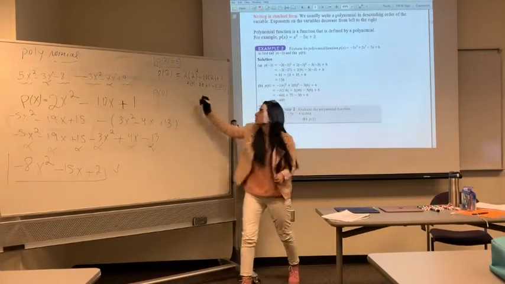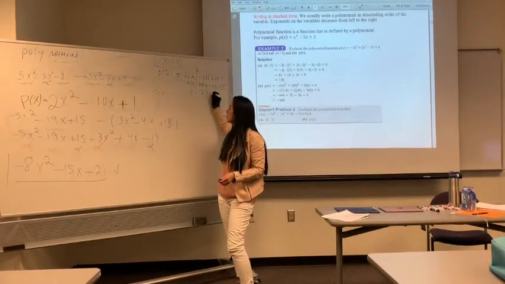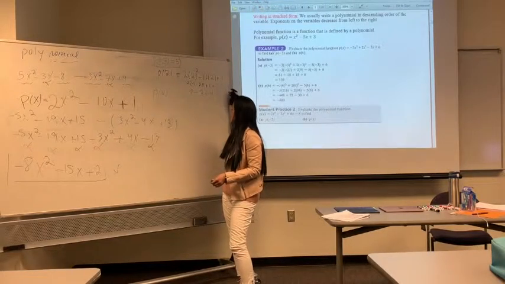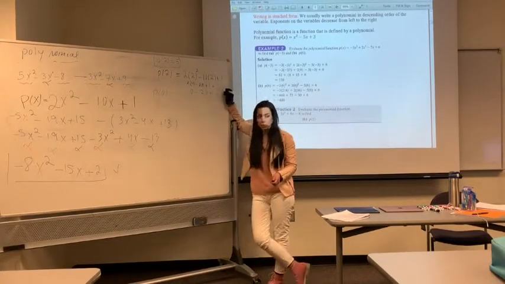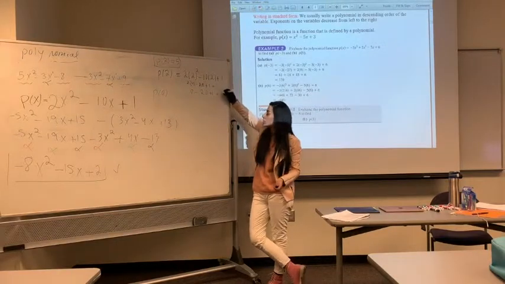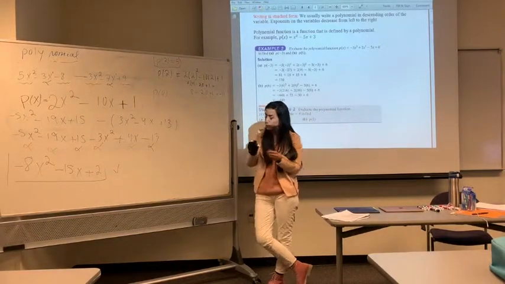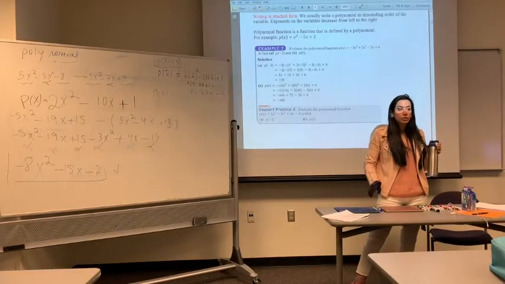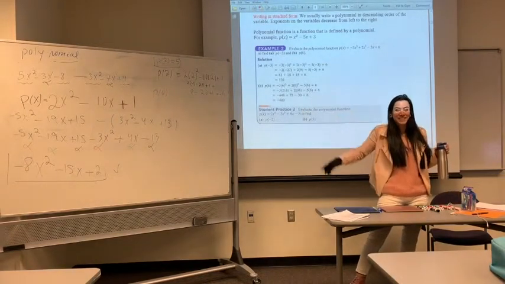Okay. So 8 minus 20 plus 1 is equal to negative 20 plus 9, which is negative 11. So don't make this kind of mistake.